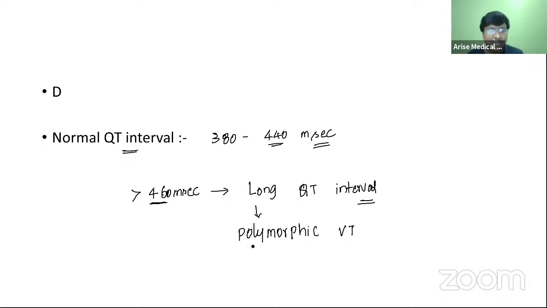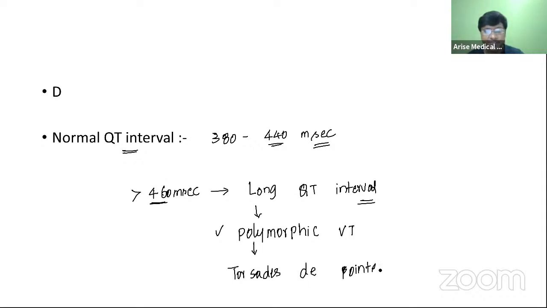Okay, and this polymorphic VT, we call it as, any one of you? What is this polymorphic VT called? Torsades de Pointes. Very good. Right, torsades de Pointes.